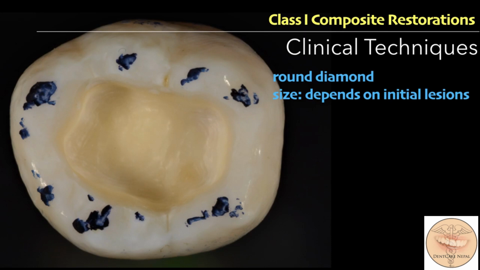Then the next thing is to prepare the cavity, and in that case I used a round diamond and a small burr with air and water spray. And why air and water spray? So that we don't dry the dentine, as dentine has a lot of water, has collagen, and has a lot of dentine tubules as well.